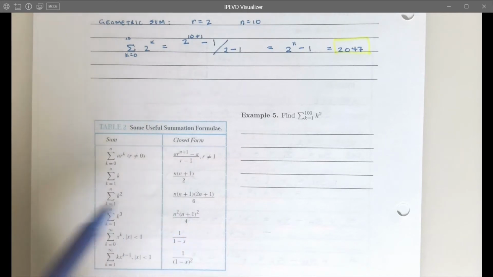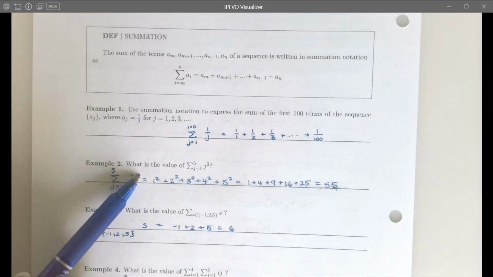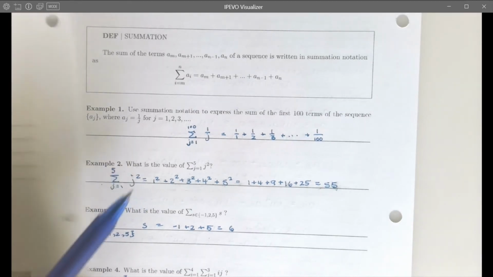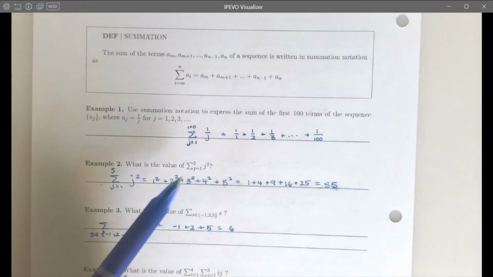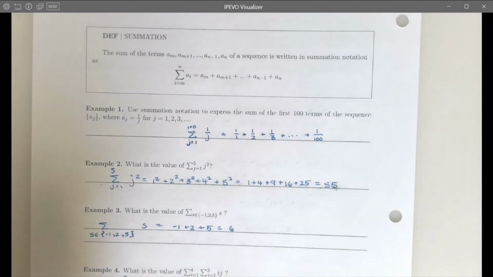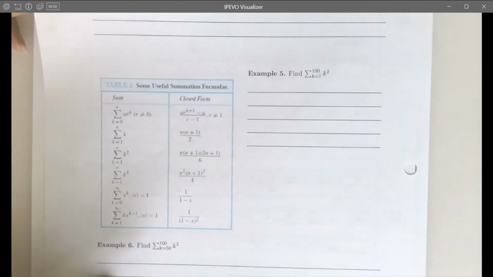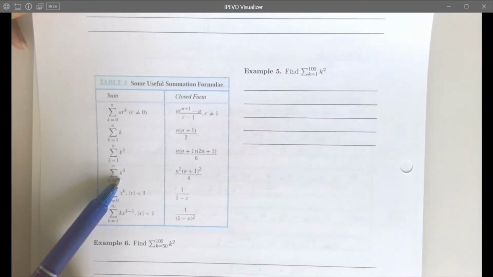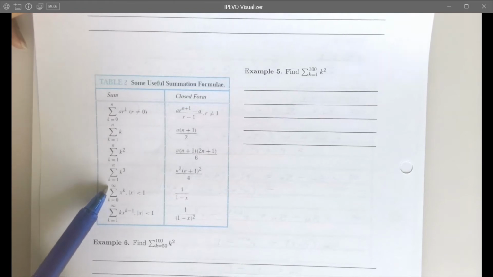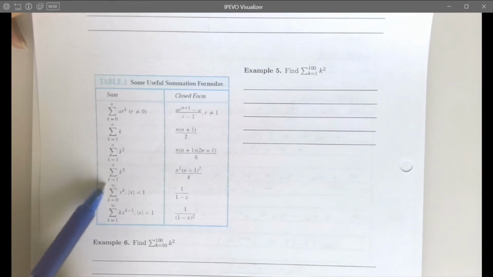So this one would have been useful when we were considering example 2, because that follows the sum with n being 5. So we could verify that the formula will work for that. We also have a formula for k equals 1 to n of k cubed, and some for infinite sums as well, which are called series. These we'll consider a little bit later.